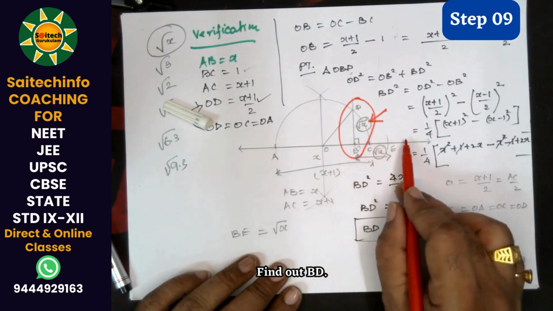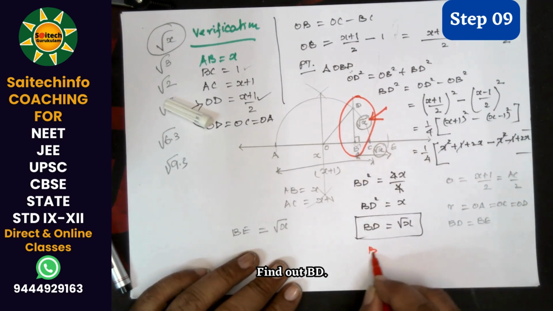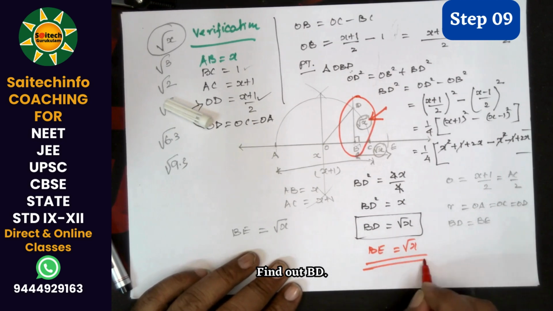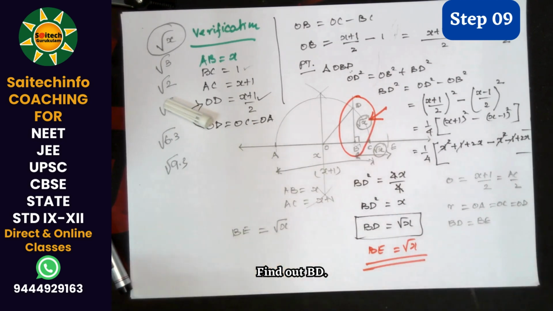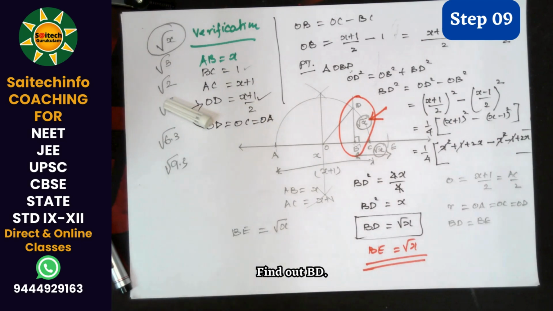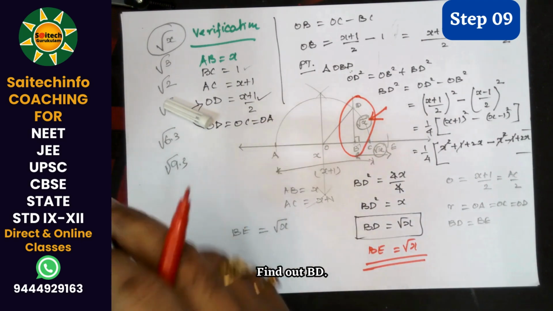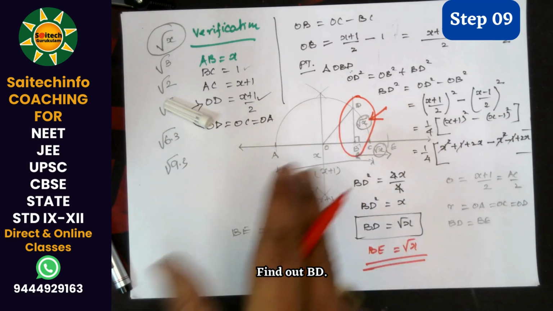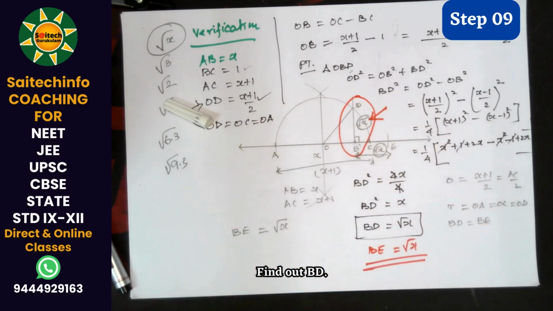Then you declare BE is equal to what? That is the root x value. So when you use a calculator or another regular method of finding the square root, you can match. So geometrically we have determined the value of the root of the given value.